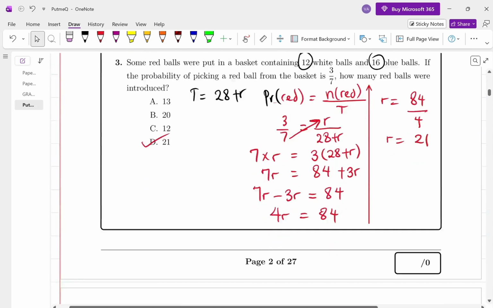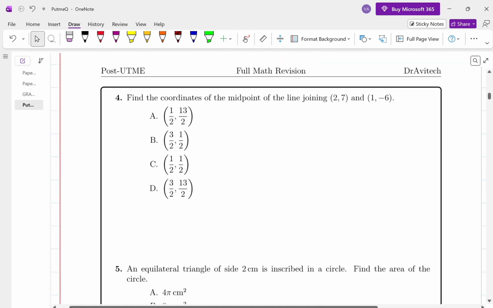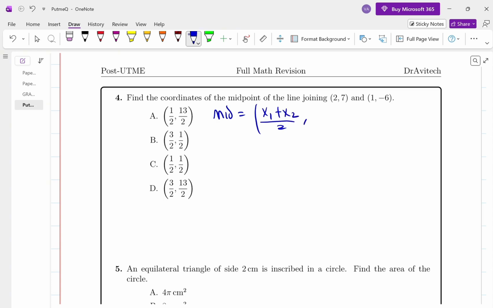Okay, the next one. Let's not waste time. Question 4. Find the coordinate of the midpoint of the line joining this and this. If we're looking for the midpoint, the middle of some numbers, it is the sum of those numbers divided by 2. It's as if we're looking for the average. Every point must have x and y.